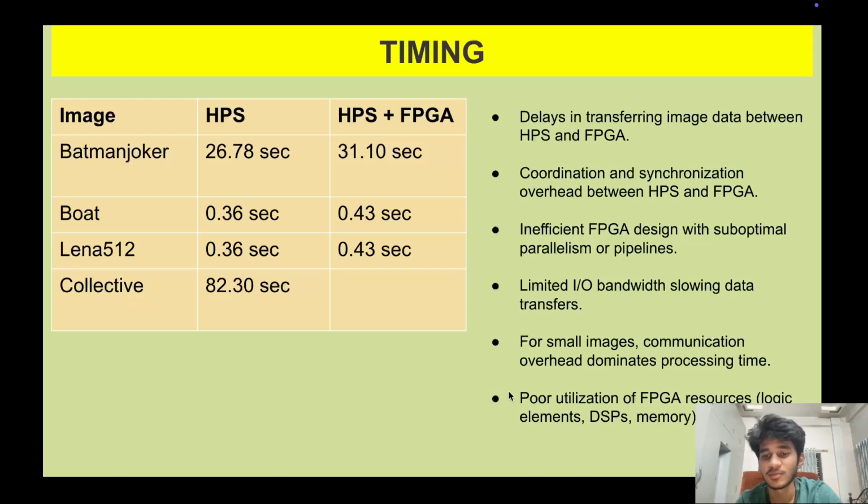It could be due to poor utilization of FPGA resources, that is the ALUTs and so on, and it also could be the delay in how we are transferring the data from HPS to FPGA. All these reasons could possibly be why the timing in HPS plus FPGA is more in this case.